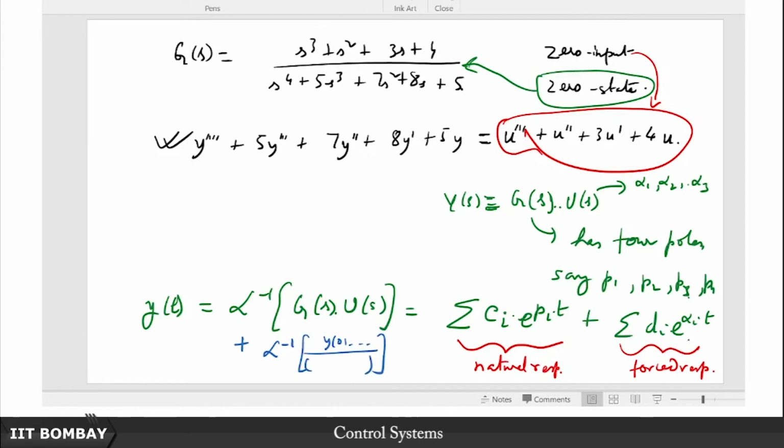So that is going to lead to this sum. Sorry, I missed that. Now if you are writing the complete solution, you are not just writing the solution due to the forcing function, but also due to initial conditions. So this is a total solution, this is the complete y solution.